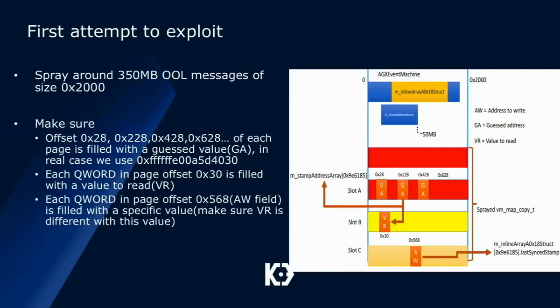And now let's do the first attempt of exploitation. First, we try to spray around 350 megabytes. And the logic is here. The test event function will reach the OOB values here. And then it tries to put a guest address onto it and refer to the value of it in slot B. We call it the value to read.